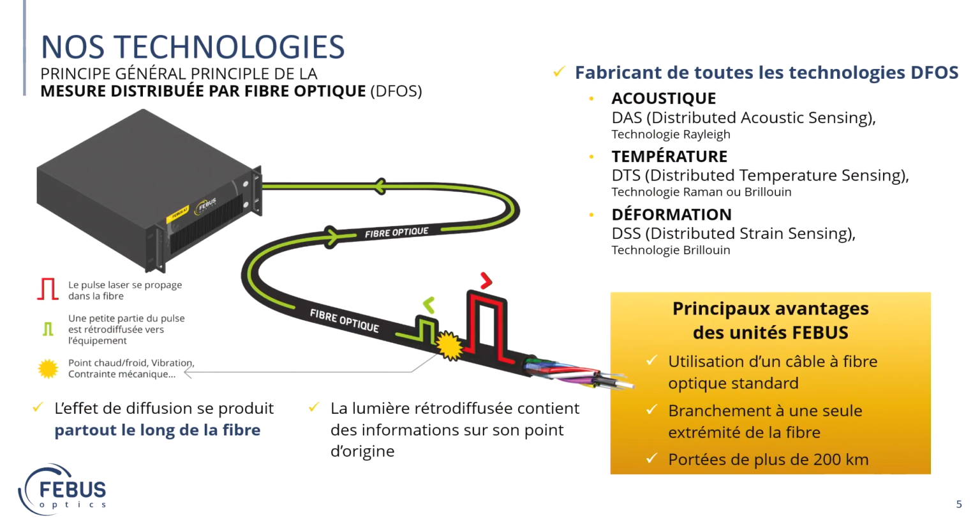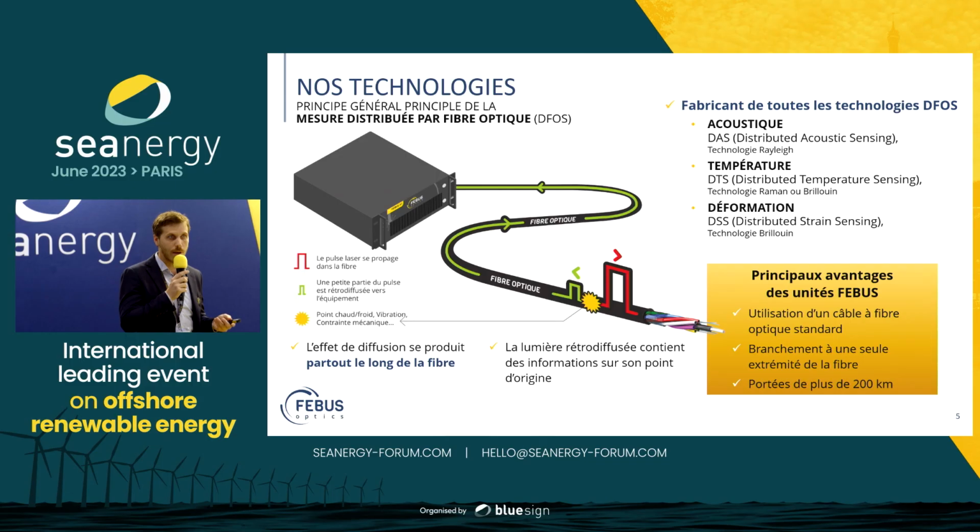Now to the more interesting bit than who we are: what technology do we use? How is fiber optic capable of making measurements? To make it simple, actually it's quite fascinating because you don't really need much. All you need is a standard telecommunication fiber, single mode or multi-mode. You plug the fiber on one end to our unit and it becomes a sensor.